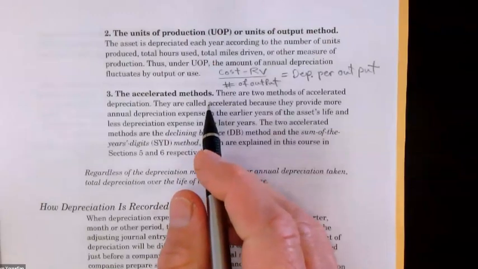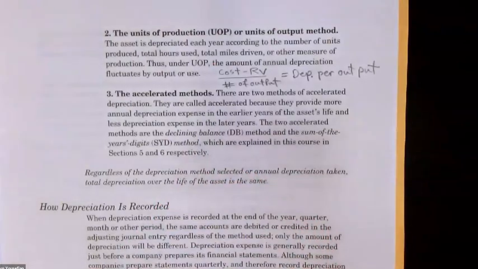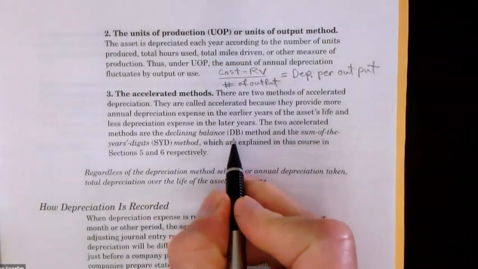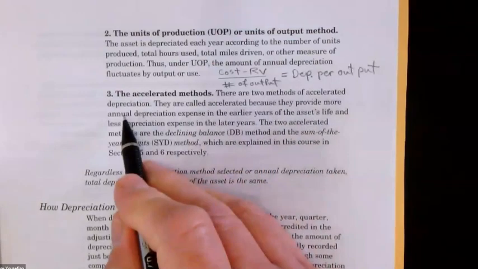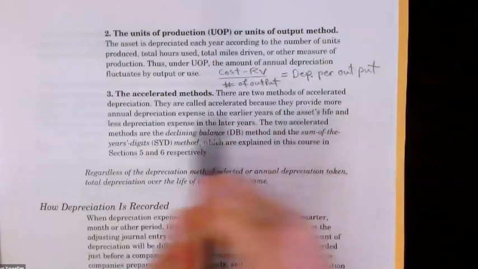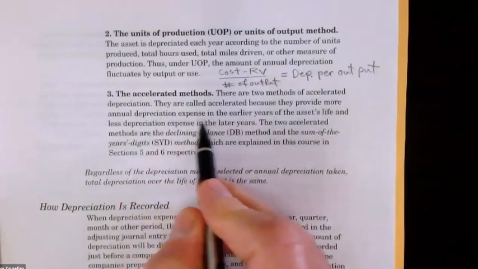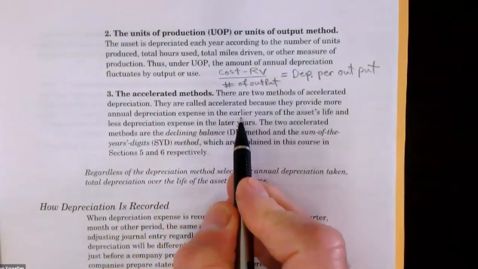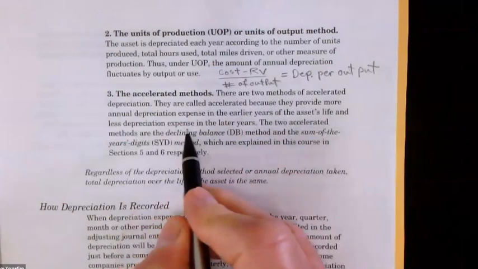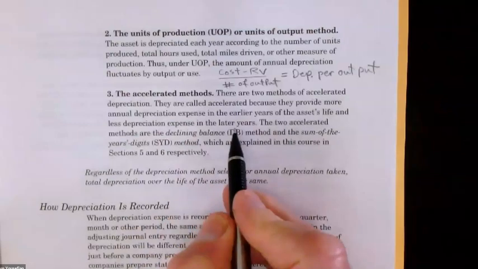Accelerated method, that's the declining balance method, and normally double declining balance is the common one. So there are two methods of accelerated depreciation. They are called accelerated because they provide more annual depreciation expense in the earlier years of the asset life and less in the later years.